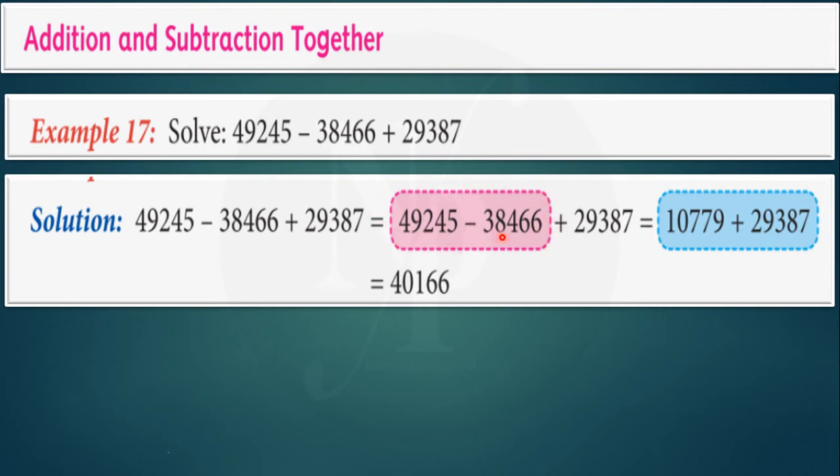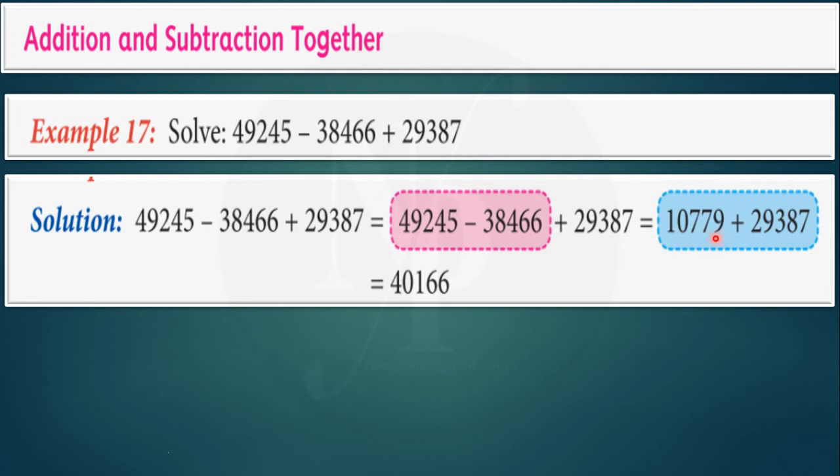It is circled here, so that we understand we are performing this operation first, subtraction, right? So on subtracting, when you subtract 38,466 from 49,245, you get 10,779 as difference. You can subtract this separately and verify this answer.